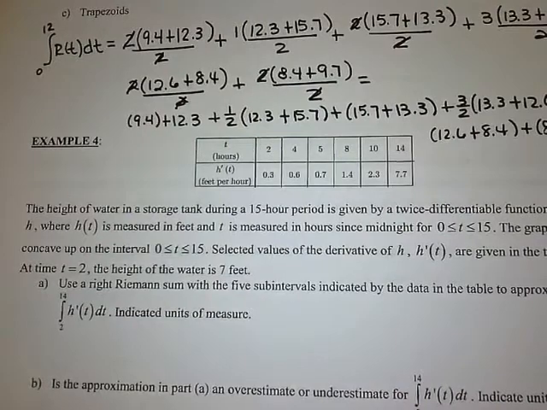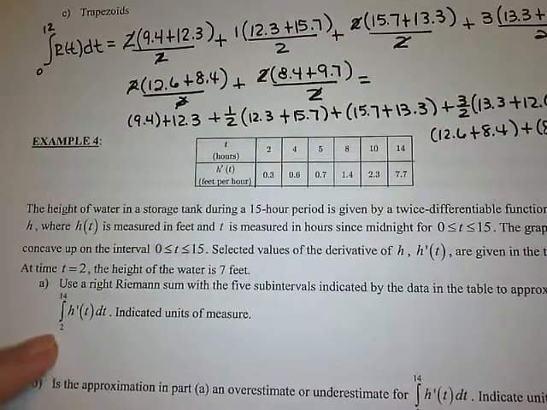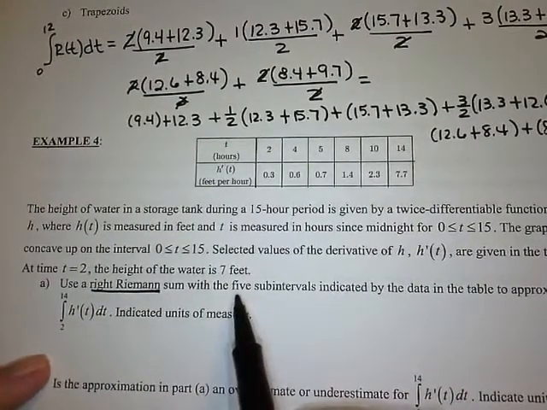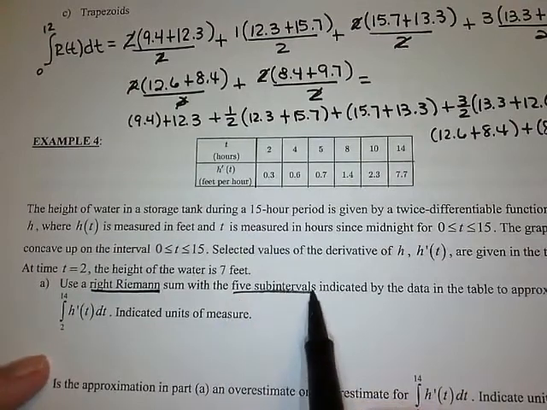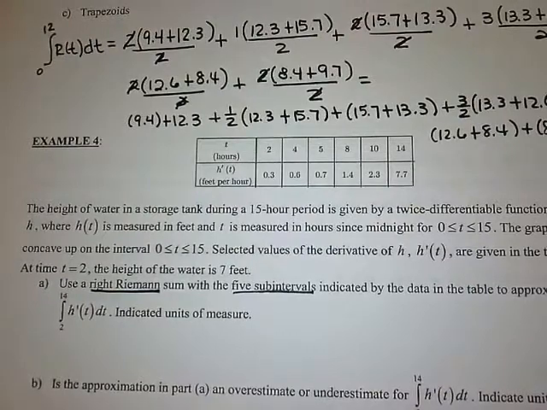And it says selected values of the derivative H prime are given in the table above. At time t equals 2, the height of the water is 7 feet. Okay, so first of all, it wants you to find the area under the curve of H prime of t, and it says that you are going to use a right Riemann sum, and it says 5 subintervals, indicated by the table in the data.